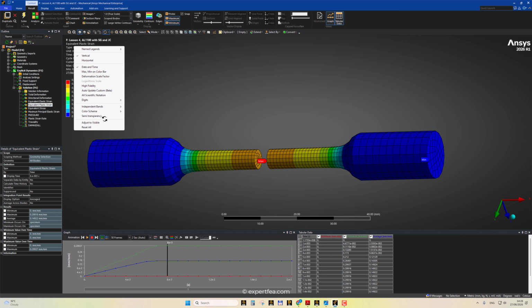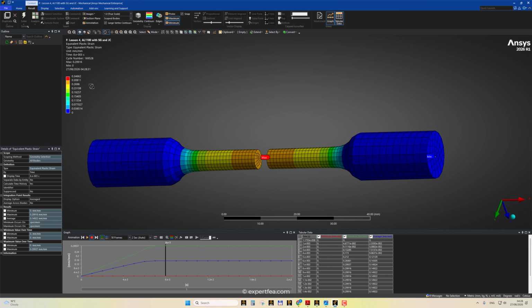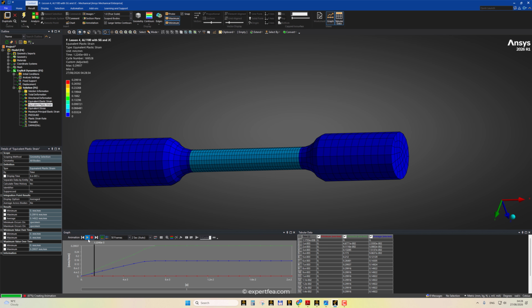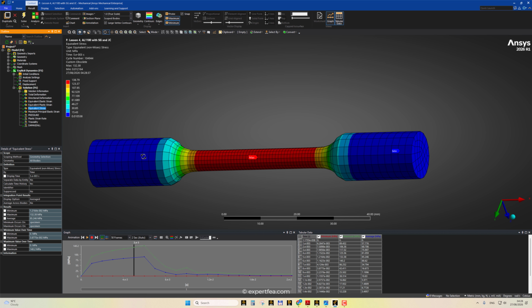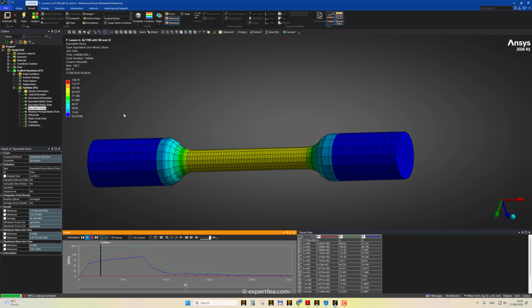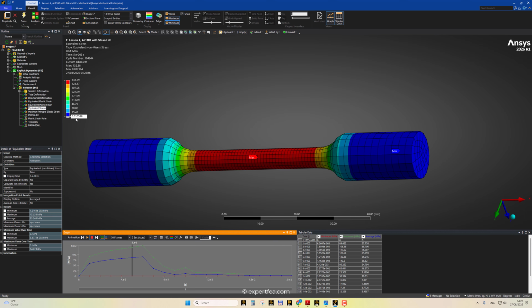Plastic strain, we should have maximum 0.3. Equivalent von Mises: you can ask, hey, why does it break when we have so little stress value? And the answer is that you need to also take into account the triaxiality.